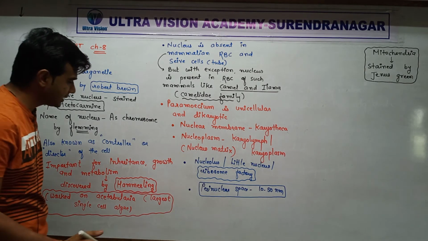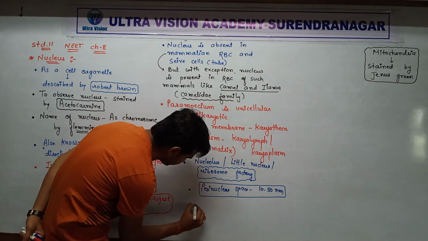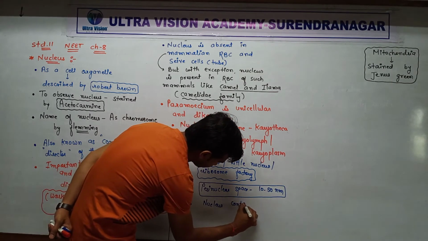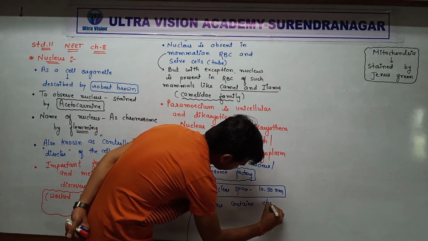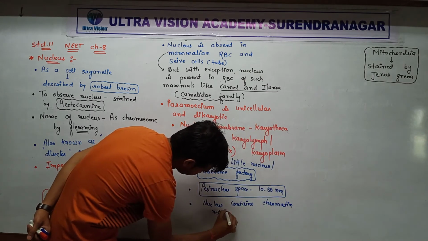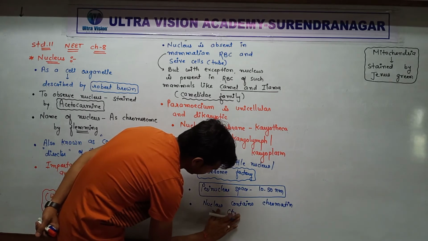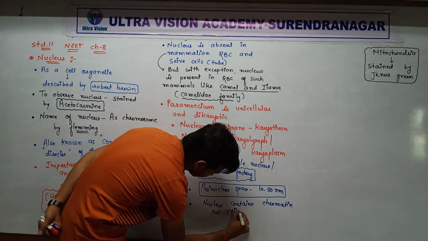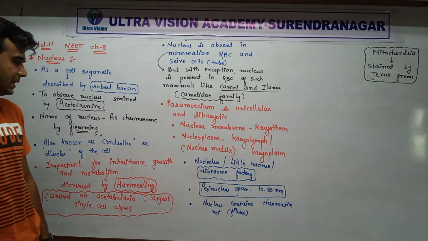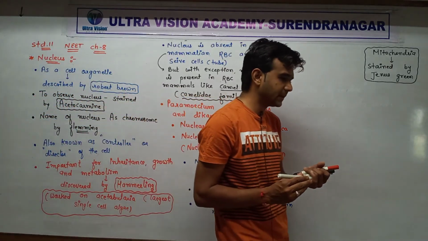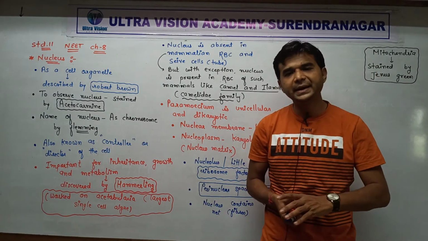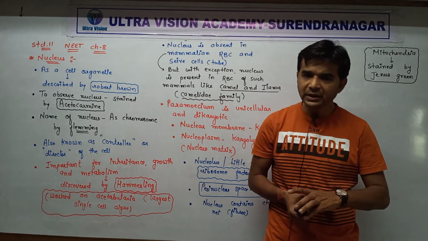Now here the nucleus consists of chromatin network, or we say chromatin fibers. Dear all students, in the 12th standard, the packaging of the DNA helix is there.